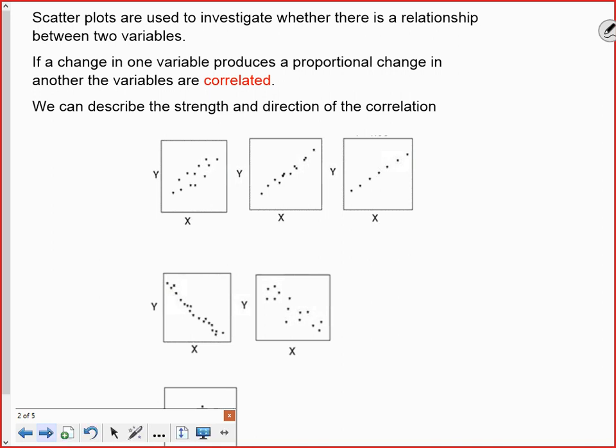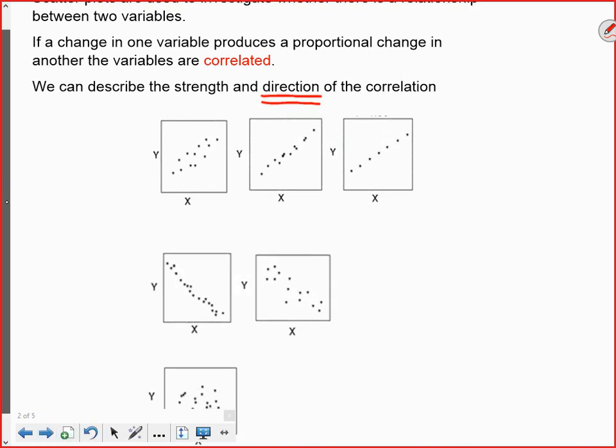We're going to describe these correlations by specifying two things about them. We're going to talk about the strength of the correlation, and we're going to talk about the direction of the correlation. So let's just talk about the direction first. Okay, so I've got this little grid here of scatter plots.